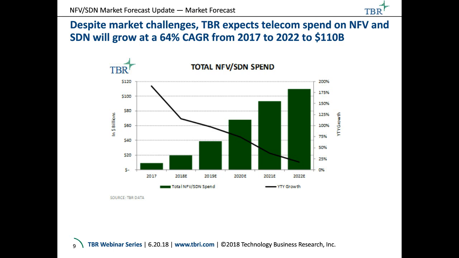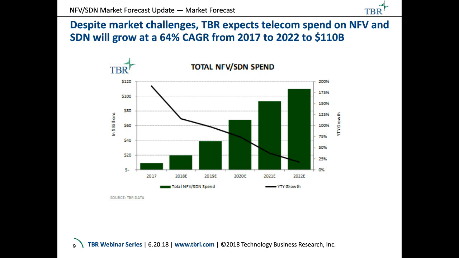Now, if we take that number and we add external OPEX, you get another $150-ish billion globally. So basically what we're saying is there's $500 billion in money that is available to the vendor community to sell into telco and cable accounts.